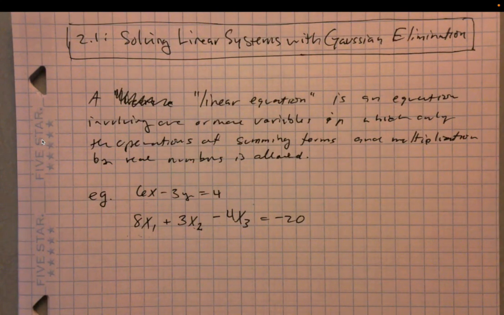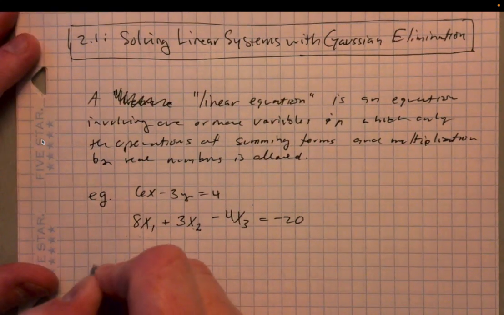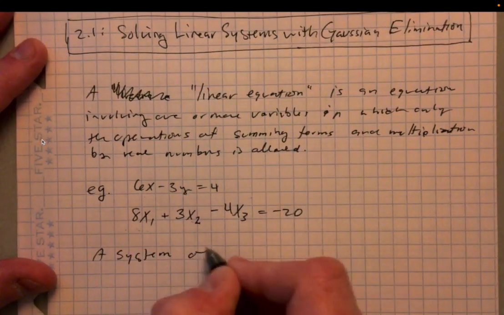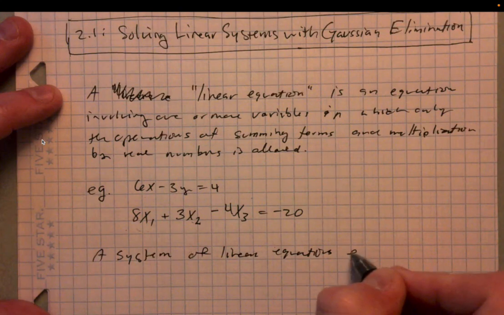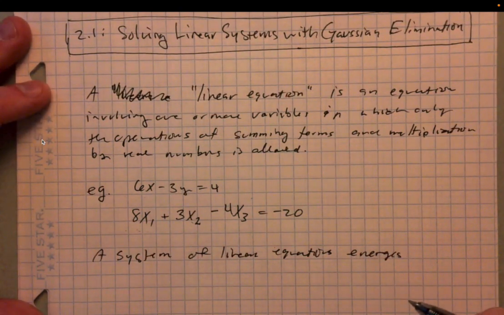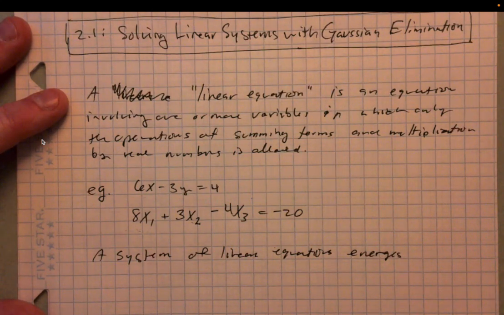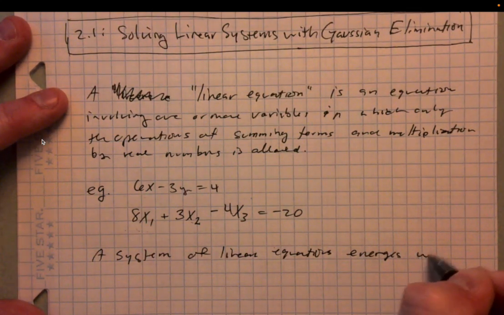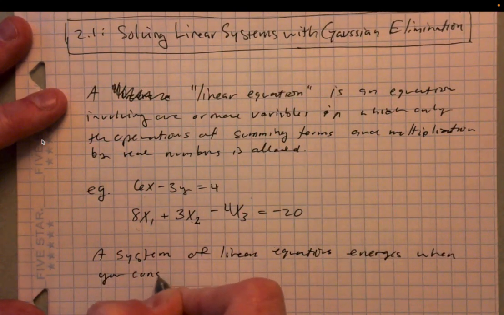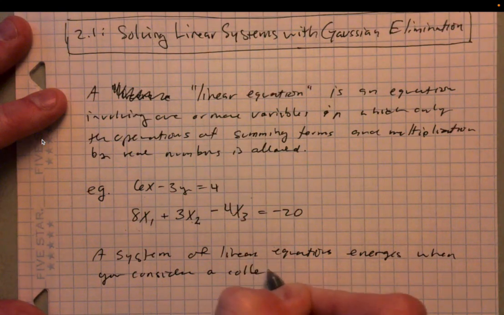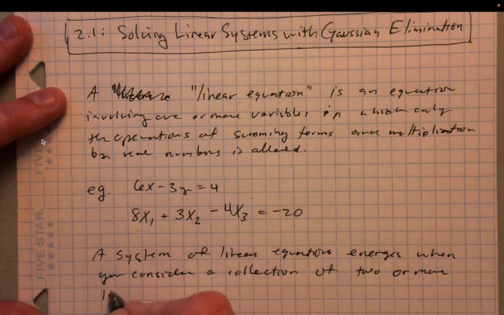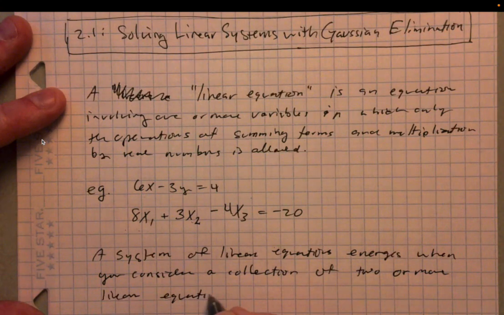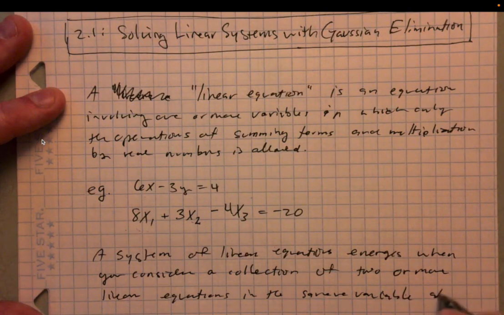So let's talk about what we mean by a system of linear equations. Well, a system of linear equations emerges when you consider a collection of 2 or more linear equations in the same variables at the same time.